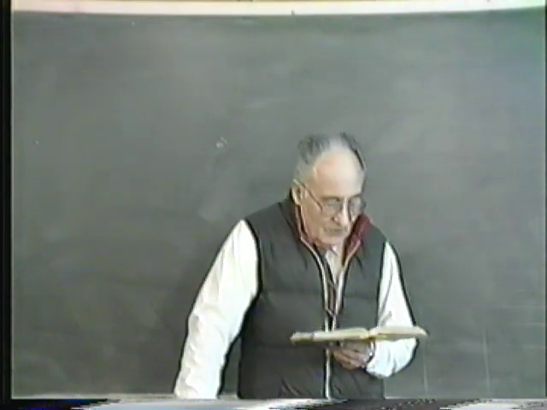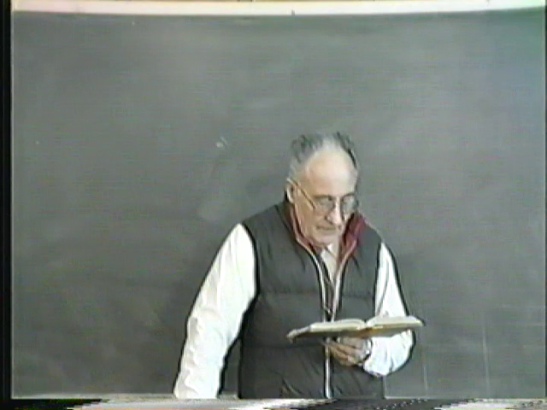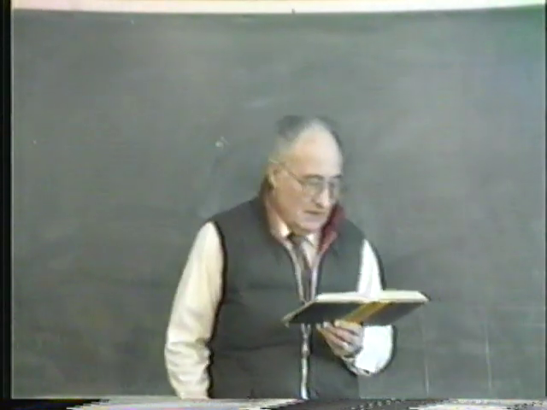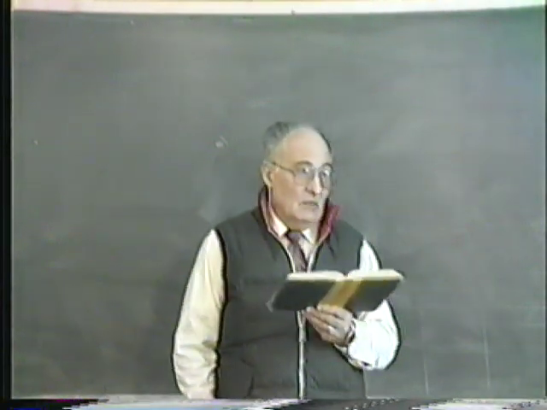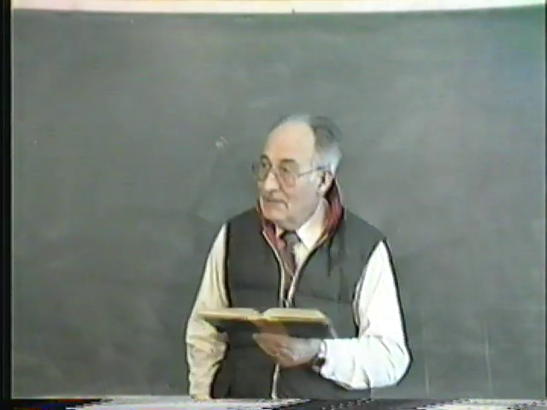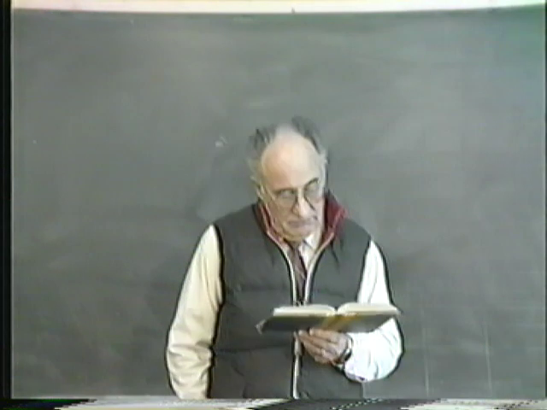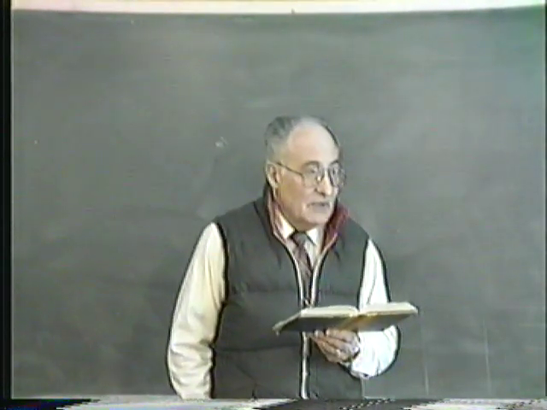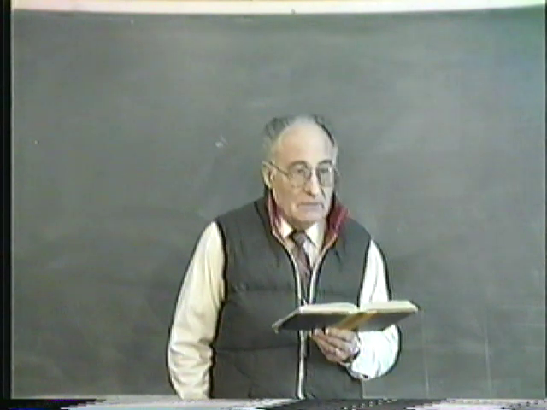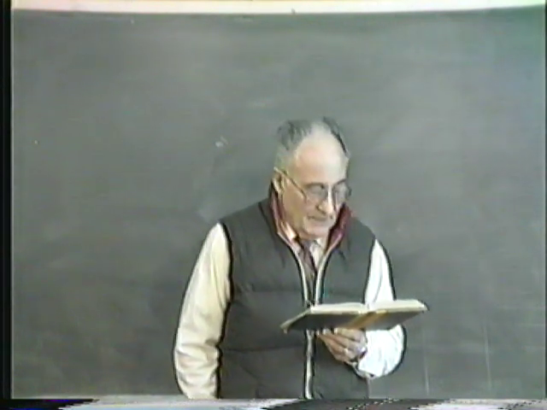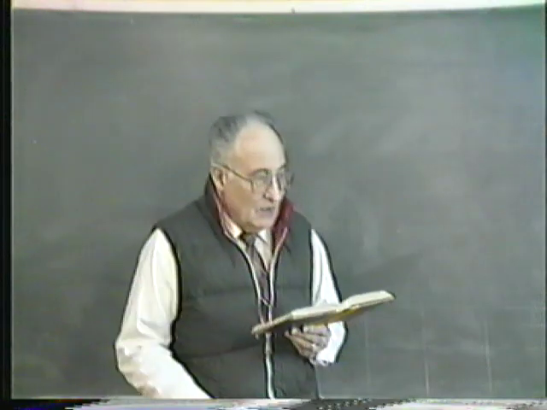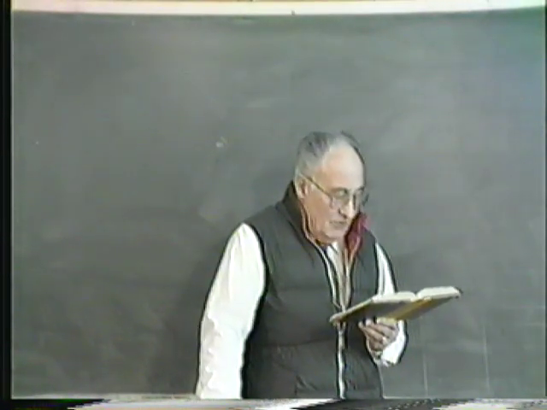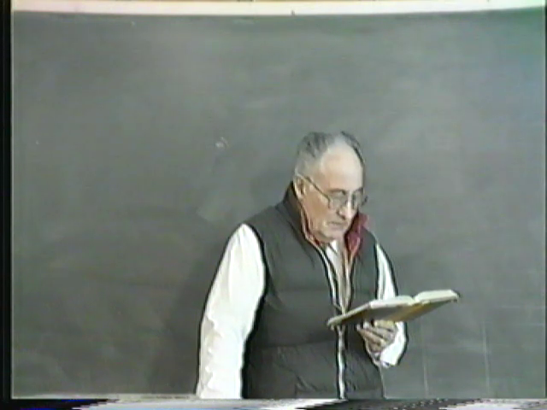For he himself knew what was in man. Now, the direct question, I know what is in man. No, or that, no. That would be assertion. It would be, what is in man? But when you turn it around and make it indirect, for he knew what was in man.